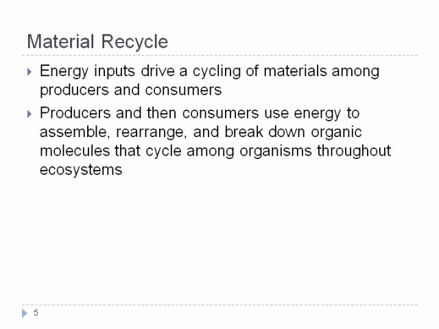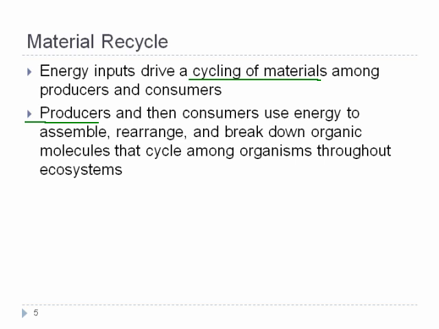And so these energy inputs cause a cycling of materials among producers and consumers, often like CO2 or waste products that others can turn into reactants that they use in their reactions.